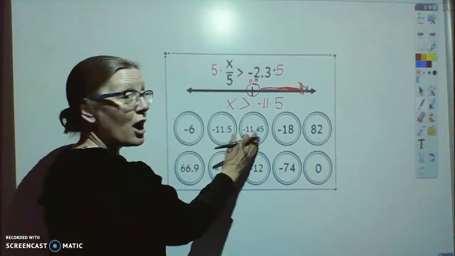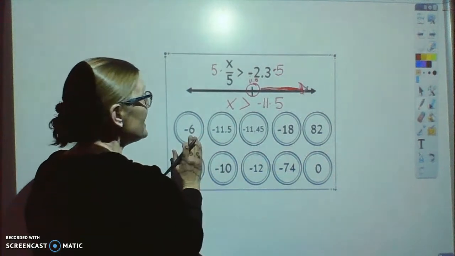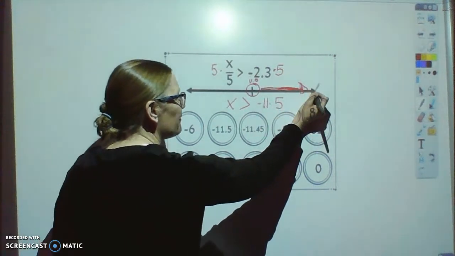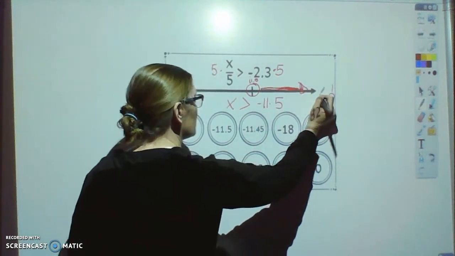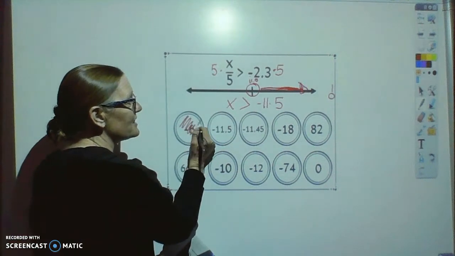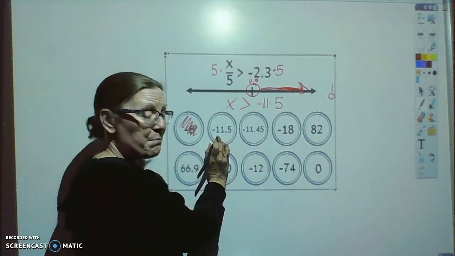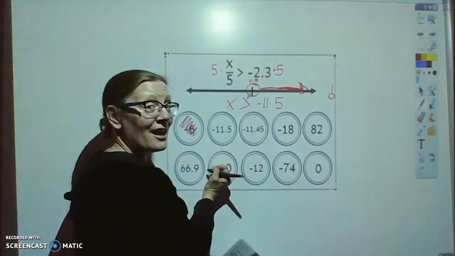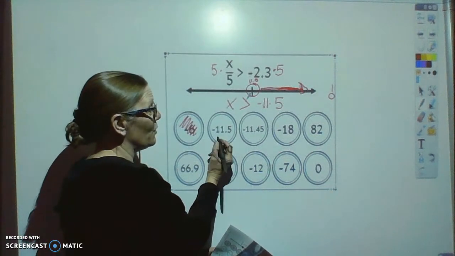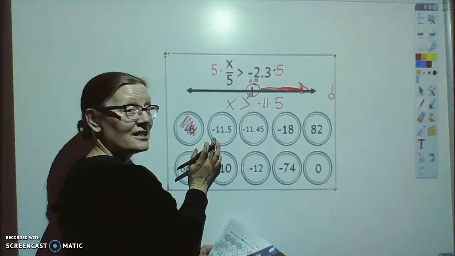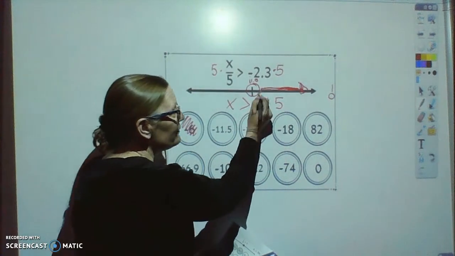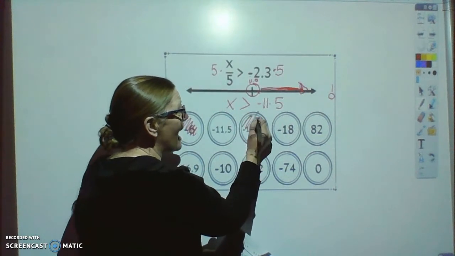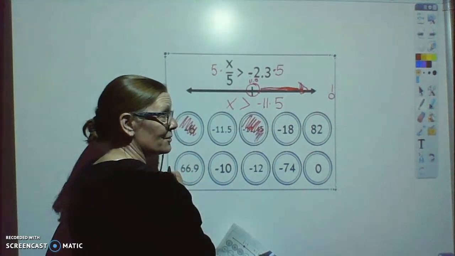Now I need to look at all the options they gave me and pick the solution. Is negative 6 going to be to the right of negative 11? Well, negative 6 is getting closer to 0. It is in this solution. Negative 11.5 is actually equal to, but I do not have a colored in dot. It doesn't make this inequality true. This is not a solution. But negative 4.5, that is just a little bit closer to 0 than negative 11.5, so it is a solution.